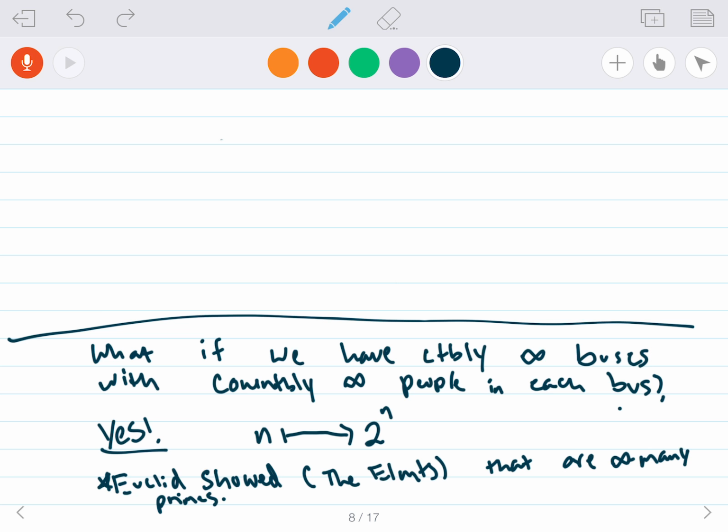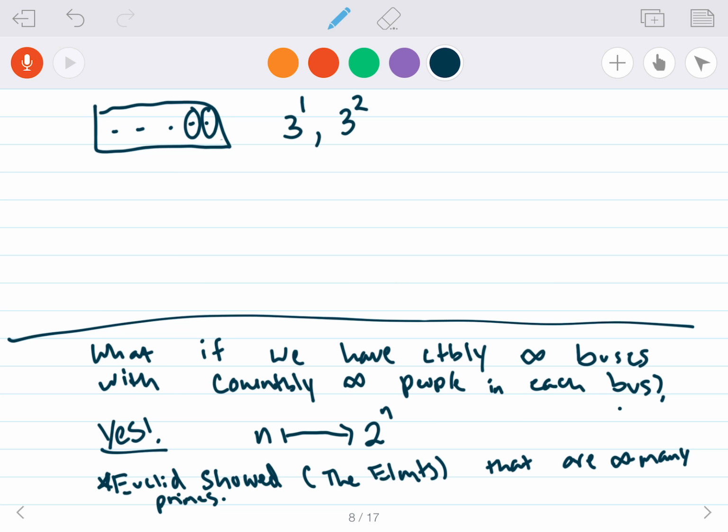Here's our first bus with countably infinitely many people, and remember, there are countably infinitely many buses. I'm going to send the first person in the first bus to room 3 to the 1, the next person to room 3 to the 2. These are all open, right?